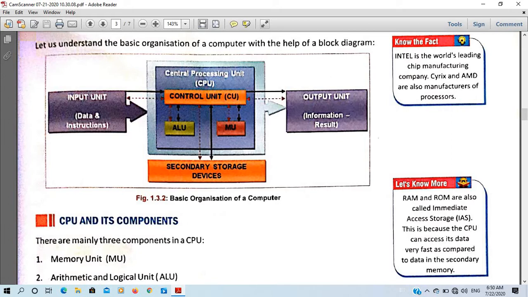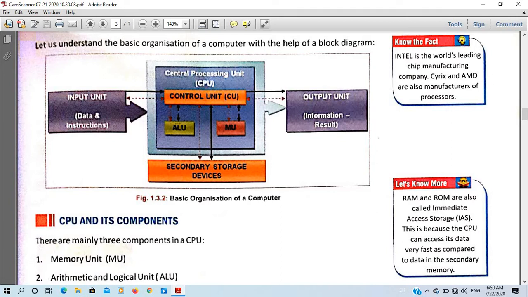Okay, and then in the CPU, that is central processing unit, there are three units, that is CU, ALU and MU, that we are going to learn in the next topic. Okay, control unit, arithmetic logic unit and memory unit, you should remember this. Okay, and here if we have secondary storage devices, hard disk, CD-ROM, like that. So here the data is stored, and it is also a two-way process. You can see the bi-directional arrow.